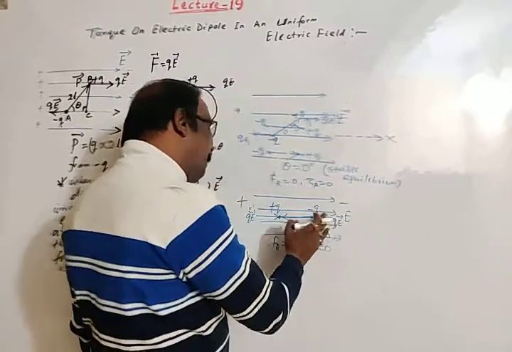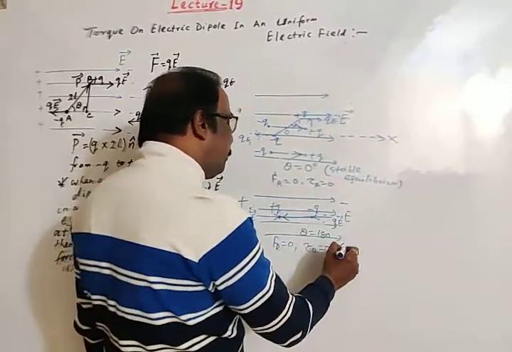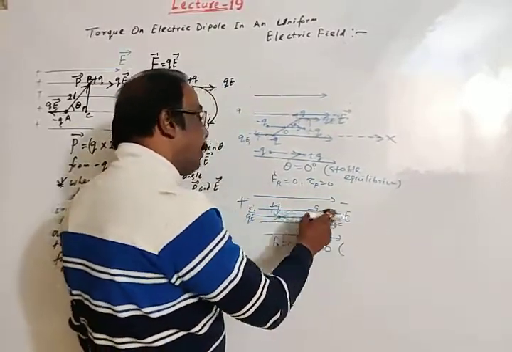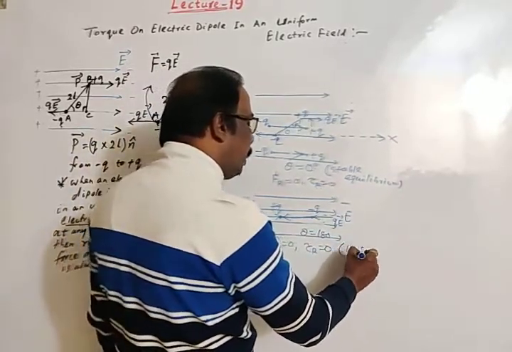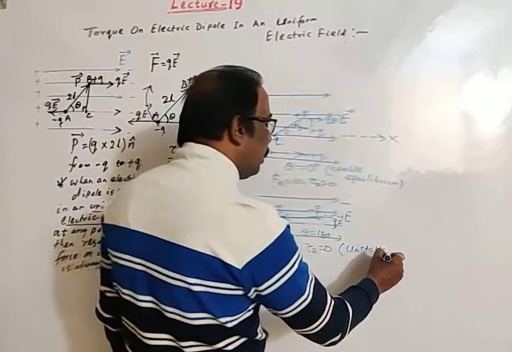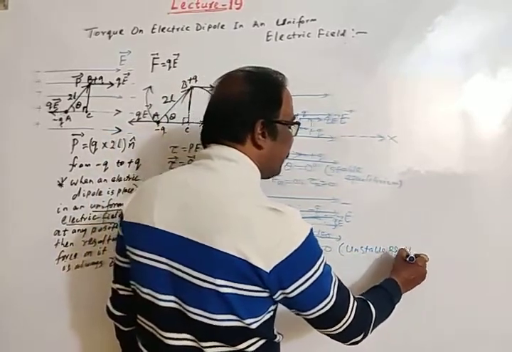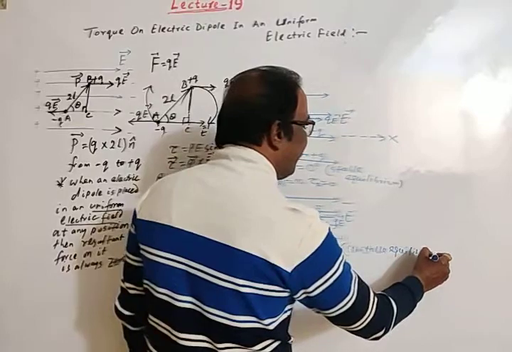If the dipole is anti-parallel to the direction of electric field, then it is the state of unstable equilibrium. Why?